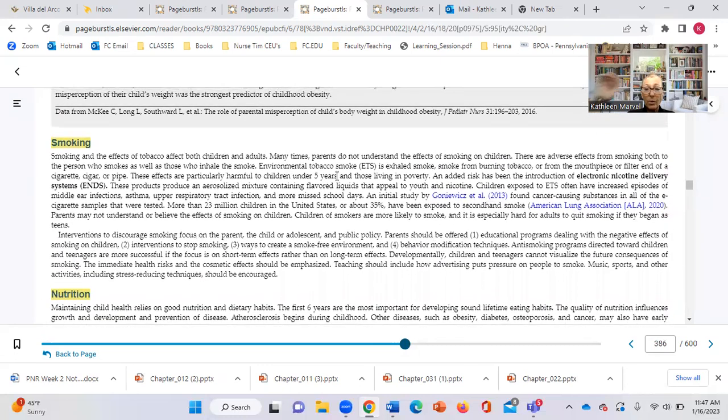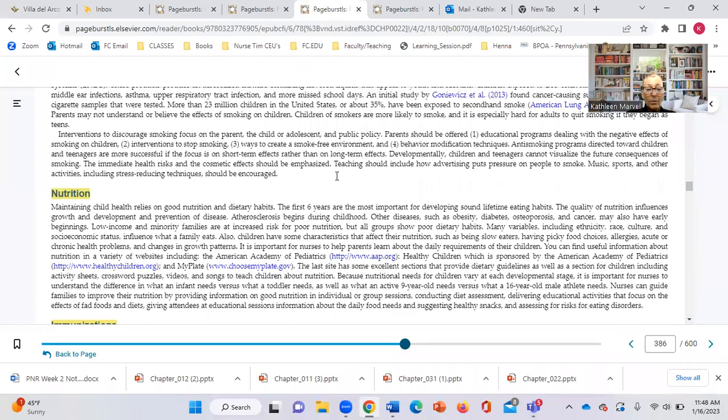I'd like for you to read through each of these factors, but we know that secondhand smoke is a huge problem for kids, especially with the huge increases in asthma, right? We need to help children have good, healthy dietary habits, right? It's reported that the first 6 years are the most important for developing sound lifetime eating habits.